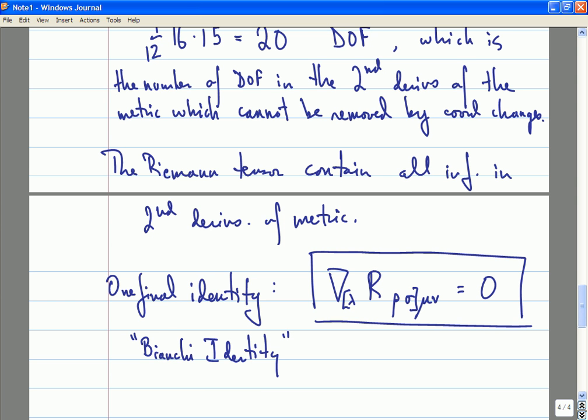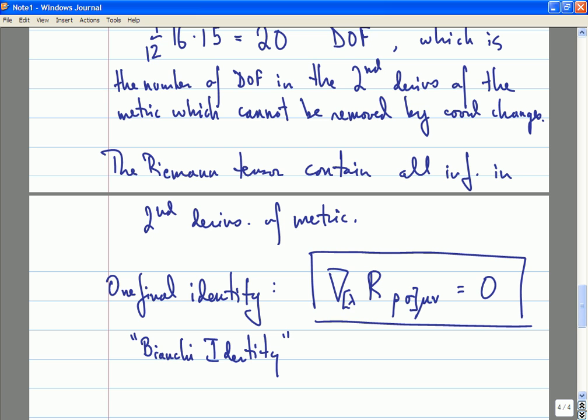And as we will see in the next few classes, in fact, this Bianchi identity has a very deep physical interpretation, and it is, in fact, what is responsible for the fact that I can construct conservation laws in general relativity. That's one way of viewing it.